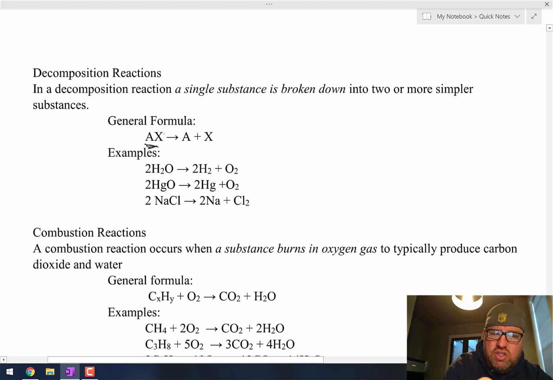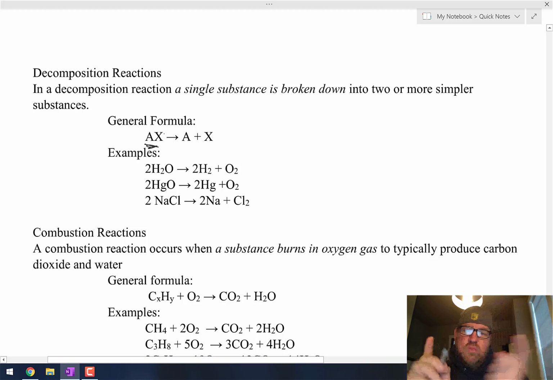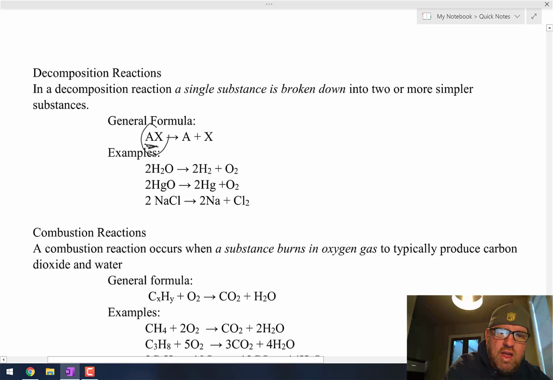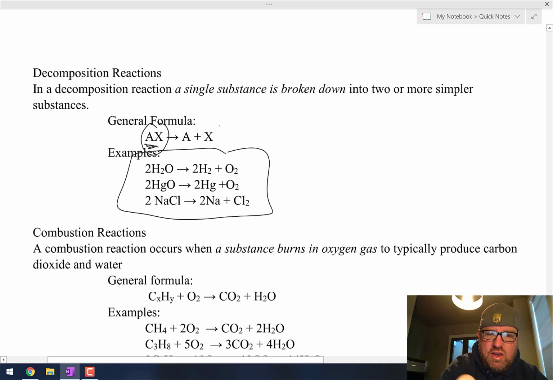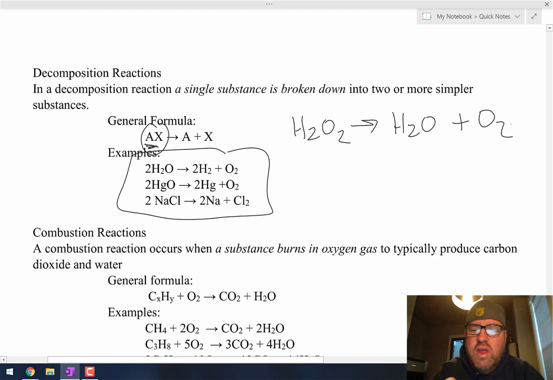Okay, the opposite of a synthesis reaction is a decomposition reaction. So notice it looks just like a synthesis reaction, but it's in reverse. You take one thing, and typically you heat it up, or it just does it all by itself, and it breaks into two or more things. So notice the examples here. They're the opposite of synthesis reactions, okay? So hydrogen peroxide, for example, just all by itself, breaks down into H2O and O2, okay?